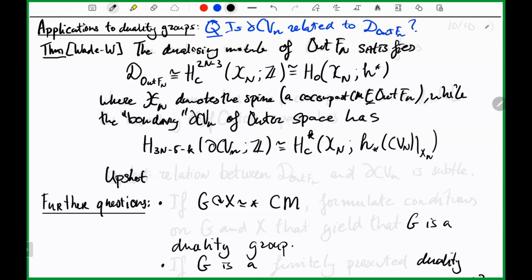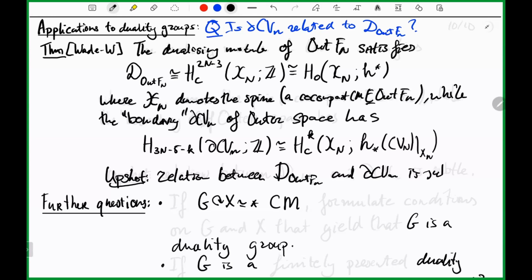And as Andy mentioned, there's no universal coefficient theorem for these kinds of sheaves. So the relation between the dualizing module of Out(F_n) and this boundary of outer space is subtle, and we still have some ideas about how to push it a bit further, but this is kind of the first roadblock to meet.